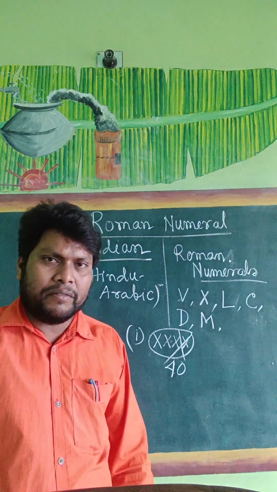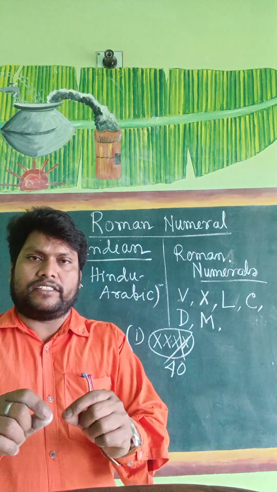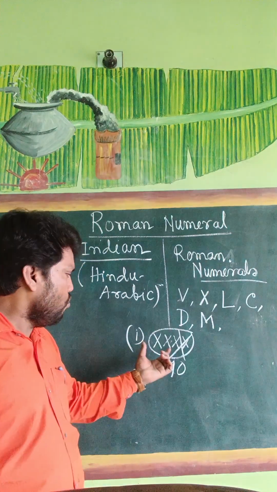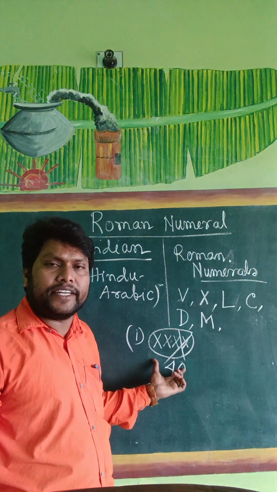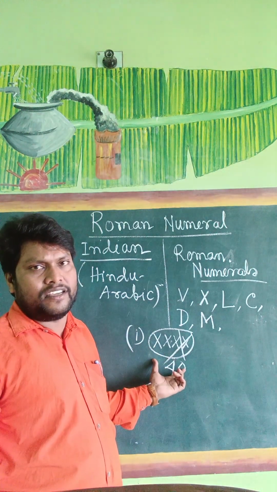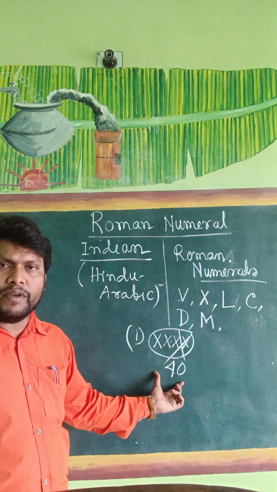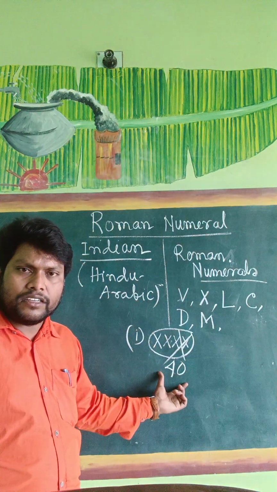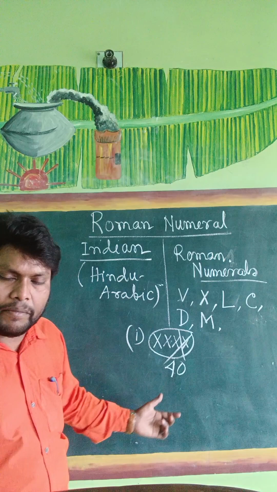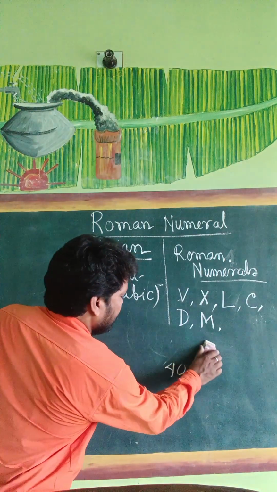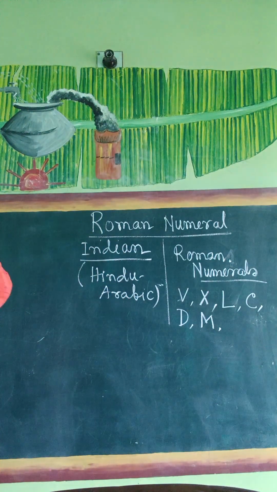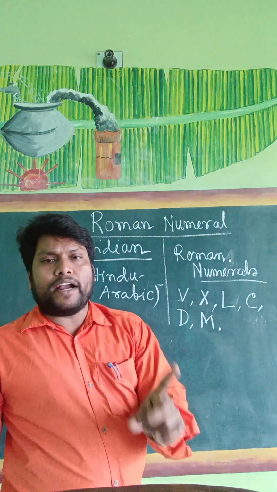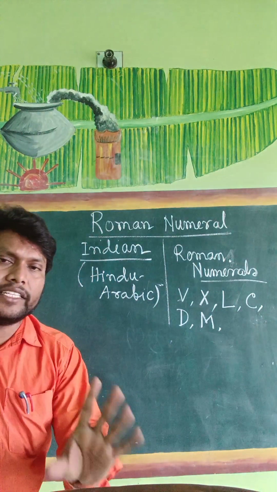Why is it wrong? Because in Roman numerals, they have said that no Roman numeral can be repeated more than 3 times. So how to write the Roman numeral of 40? There is a rule. I am coming to it one by one.